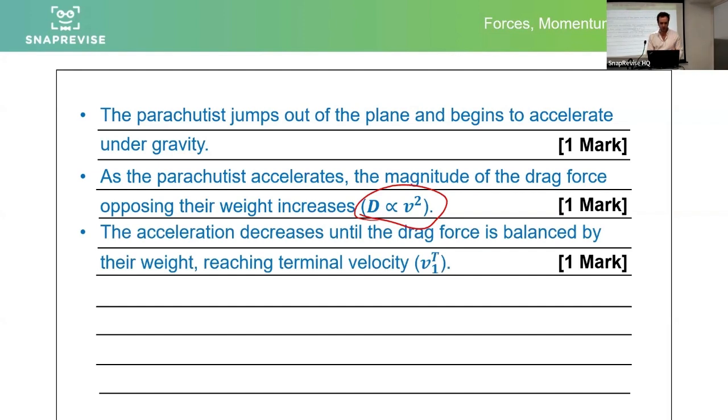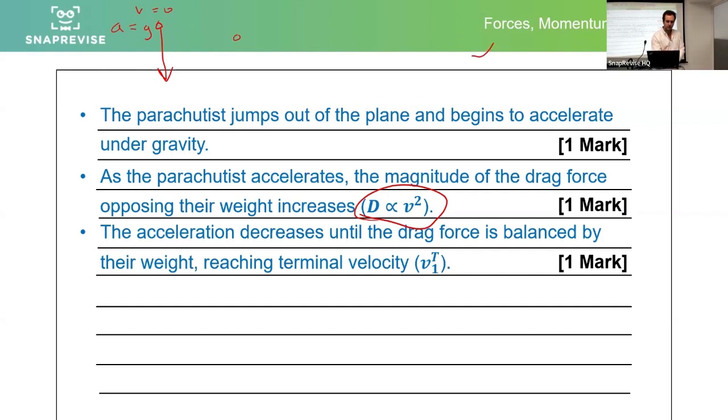The acceleration decreases until the drag force is balanced by their weight. Yeah, that's true. So if this sounds a bit confusing, stage 1, their velocity is very small, if not 0, but the acceleration is the full whack of 9.81.